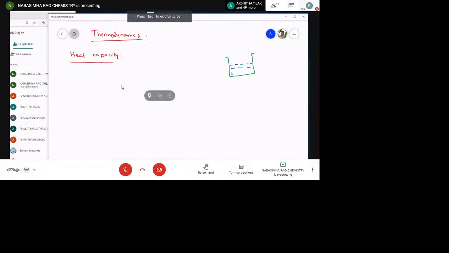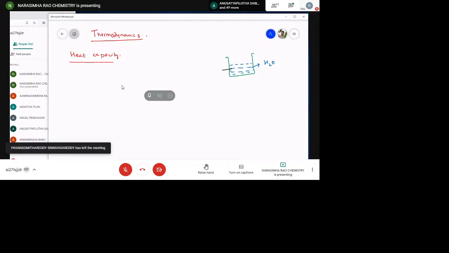Before discussing heat capacity, let me take one more example. In this beaker, I am taking water for the example. H2O, I took. Of course, this water is maintained at 25 degrees centigrade temperature.